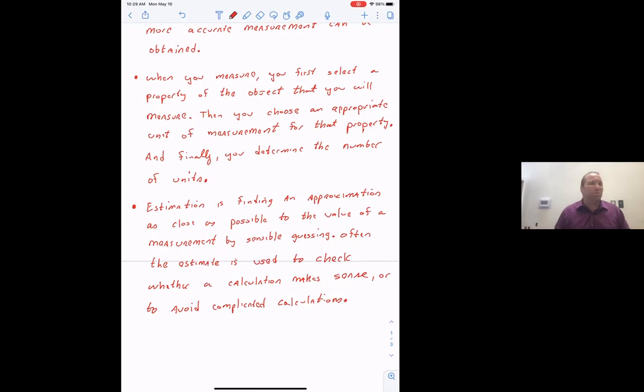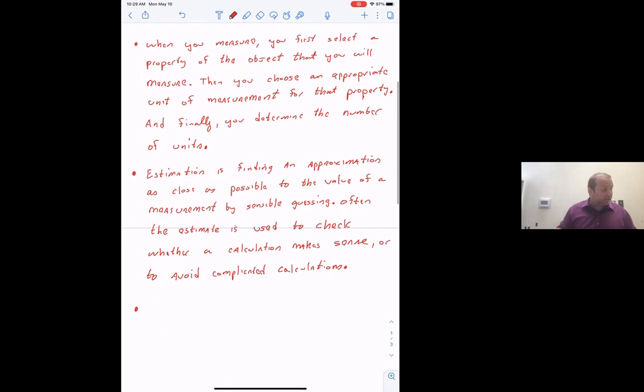Well, 7.2 is around 7. 9.6 is around 10. You multiply them, you get about 70. Nah, that can't be right. I'm looking for something around 100. So you can estimate without worrying about the finer precision, just to check whether the calculation makes sense and to avoid needing a calculator or something that might even be significantly more complicated.